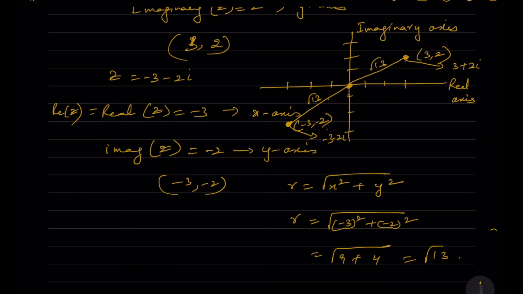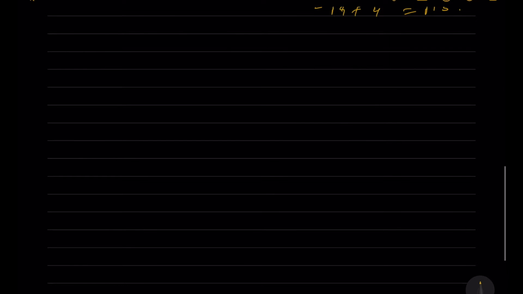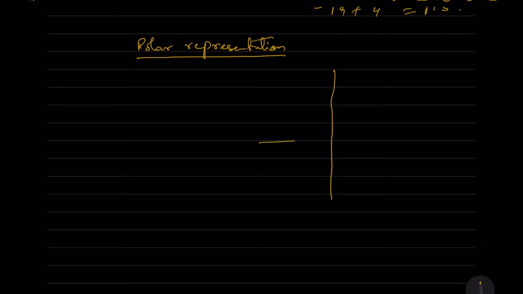Now how to represent a complex number in polar representation form, we'll just see. So now here we are having polar representation. So now if we take the axis over here, if we are representing a point in the form of (r, theta), now from origin to this point the distance is called as r, this angle is called as theta.